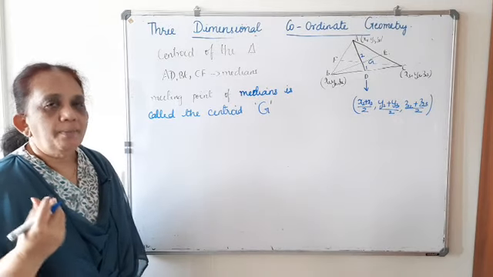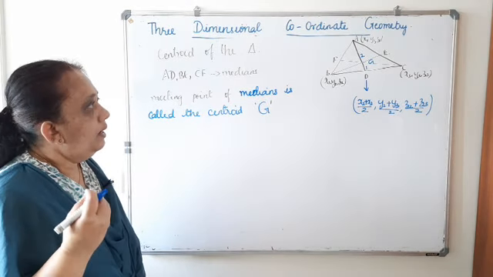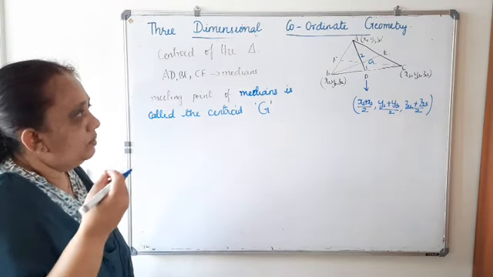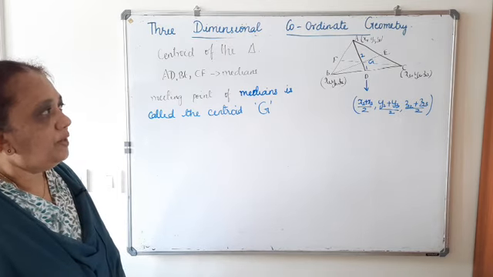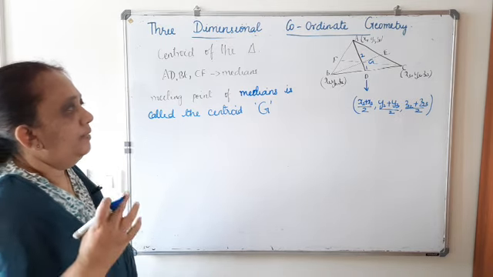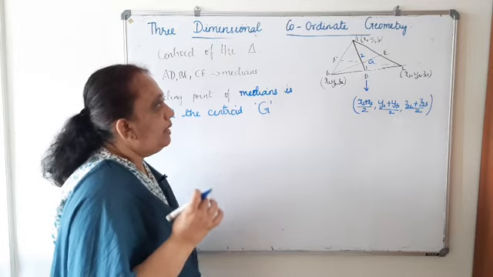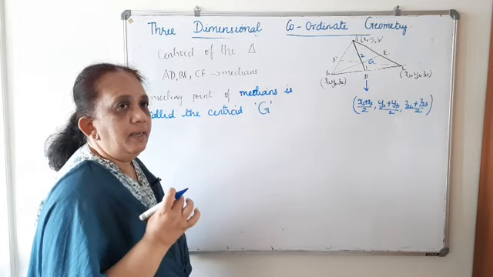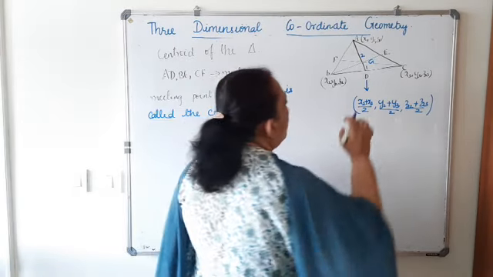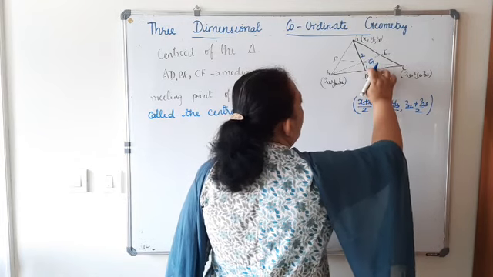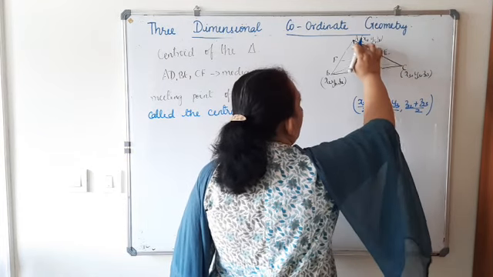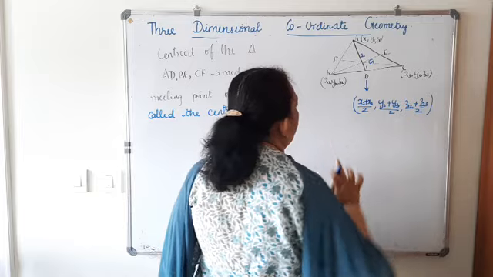So, what about the median? Median from the vertex to the midpoint of the opposite side, the line segment, that is called a median, and the meeting point of the medians is called a centroid. The centroid divides a median in the ratio 2:1, that is 2 towards the vertex and 1 towards the opposite side.